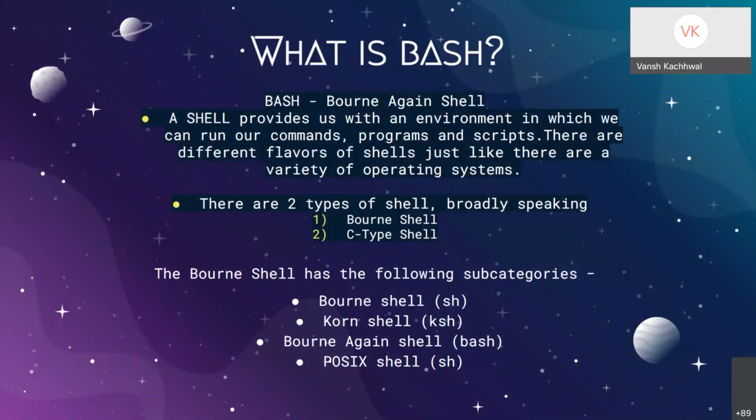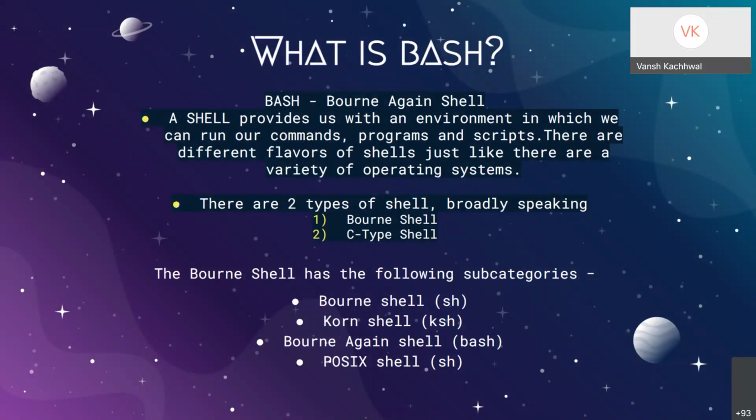So let's introduce Bash. What is Bash? Bash stands for Bourne Again Shell. In simple words, it's just a language that we use to communicate with the system. It's totally text based. It's a shell which provides us with an environment in which we can run several commands, programs, and scripts. There are different flavors of shells present, just like there are different varieties of operating systems.